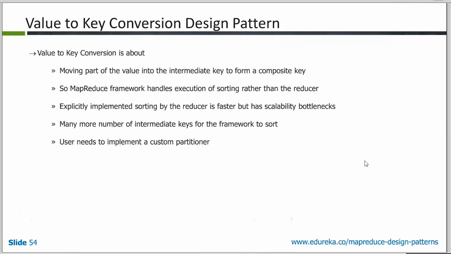It's important to understand this: you have combined the value with your term, and if you use the default partitioner, that can end up sending the same terms, say the group key, to different reducers. So it's not only the key that you have, you have also combined the value along with it. So you need a custom partitioner over there.